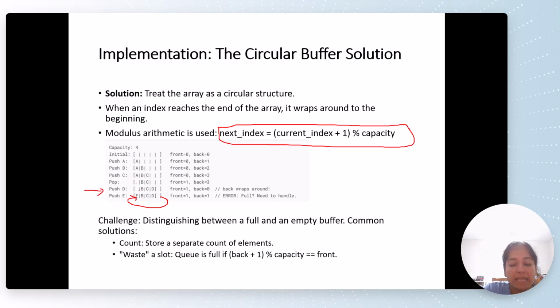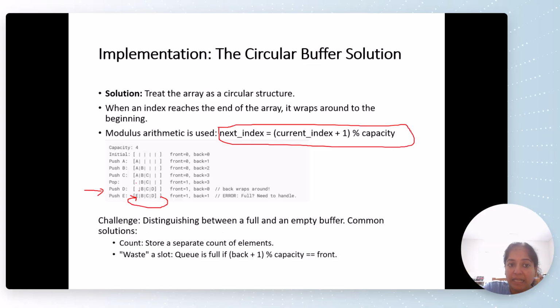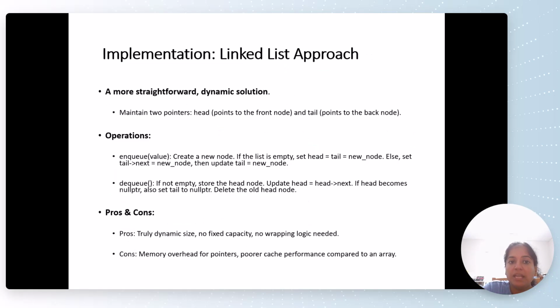What is the next index to insert an element? Queues again can be implemented by using an array or by using a linked list. So either we use this circular buffer solution if we are using the array, or we can use the linked list, which avoids the problem of drifting array.